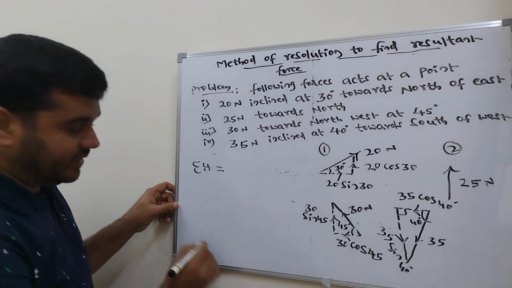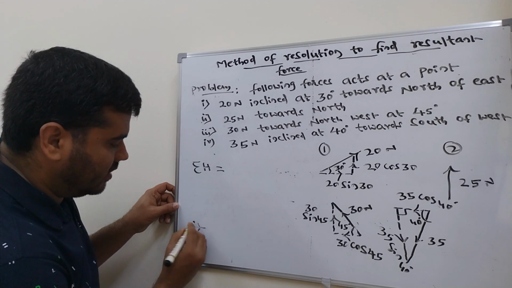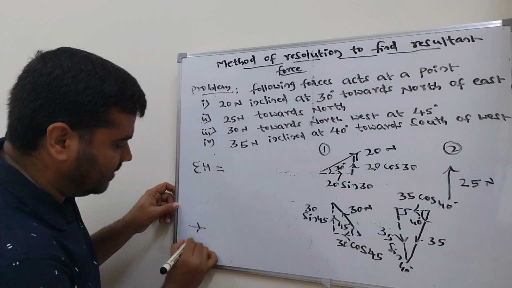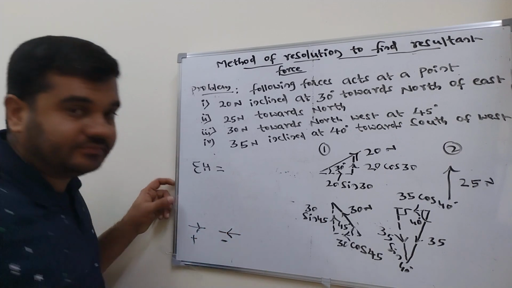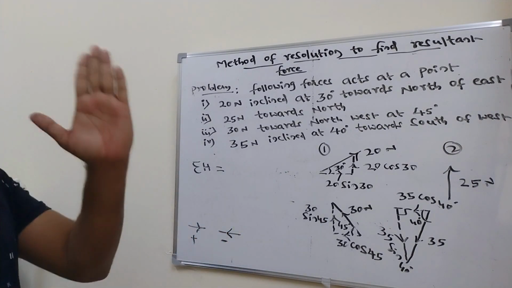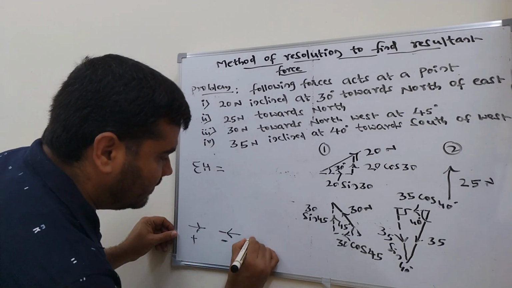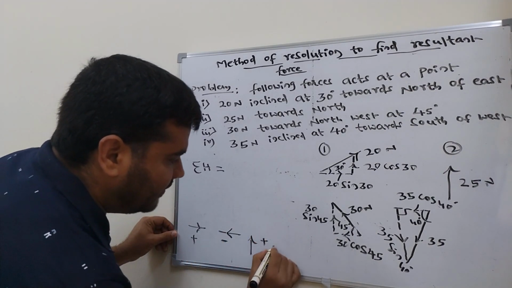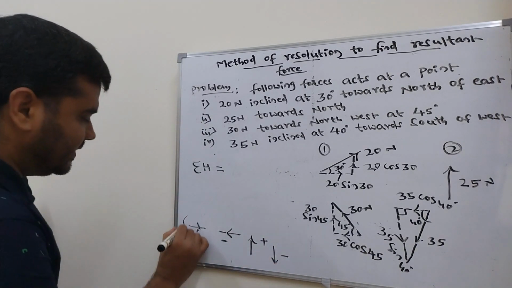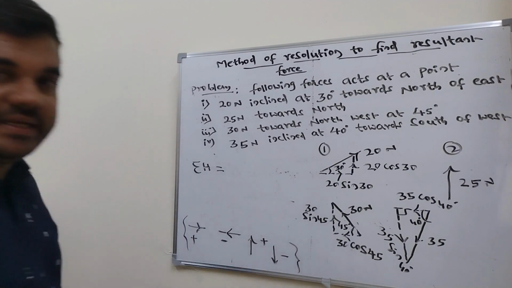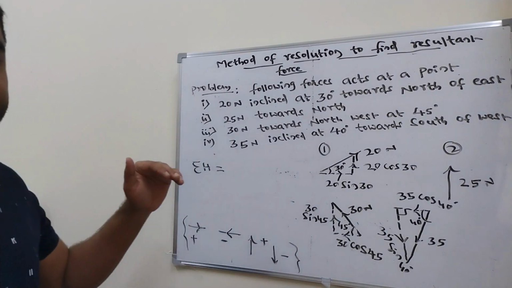In horizontal direction, if you go right side, this is plus. If you go left side, this is minus. In vertical direction, if you go up, it is plus. If you come down, this is minus. Now use this trick to add here.